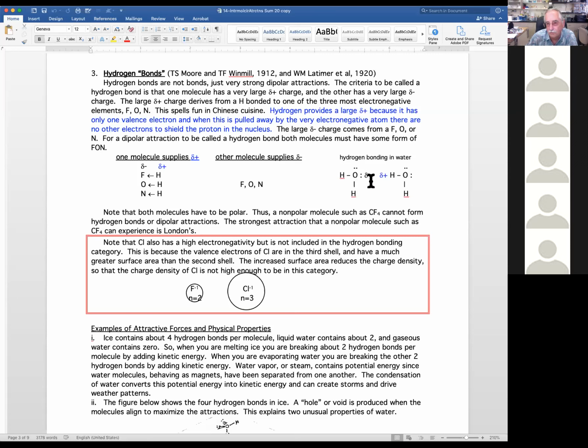Here's the O with its partial positive. What does the other molecule have to have? An FH, an OH, or an NH. Oh, here's that OH, so that is a hydrogen bond. It meets the criteria. So water molecules are attracted to each other by Londons, by dipolar attractions, and by hydrogen bonds.